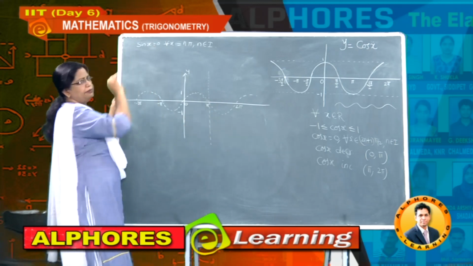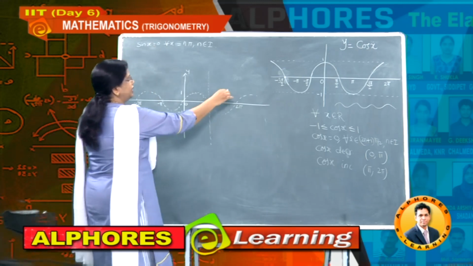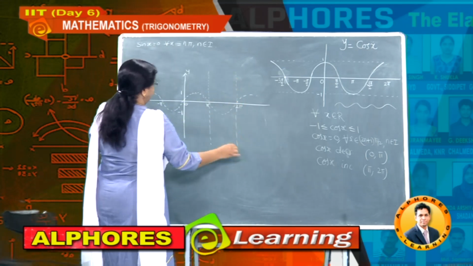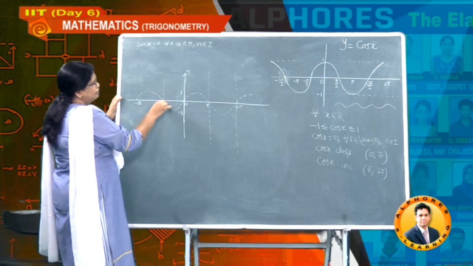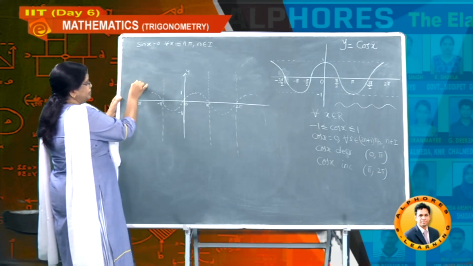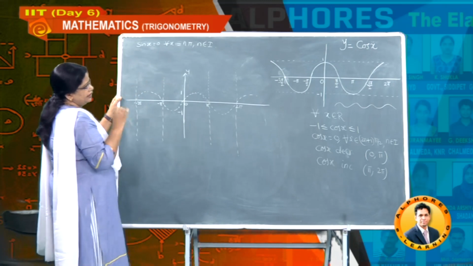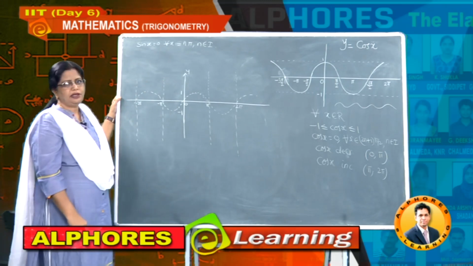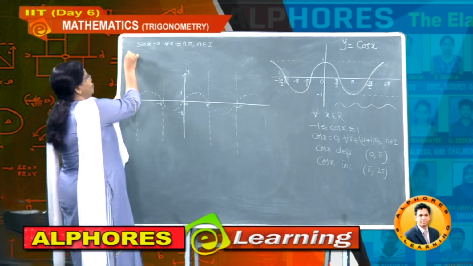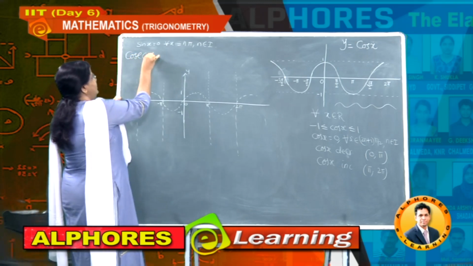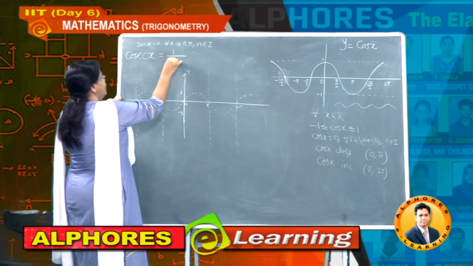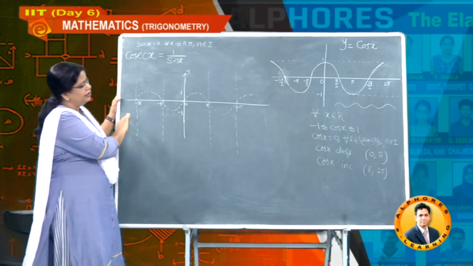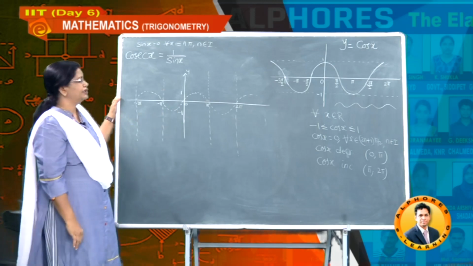Wherever it is coming 0, again here I draw a line parallel to the y axis, and here also, and this one also. Like this, all lines we draw parallel to the y axis exactly where the denominator is becoming 0. Wherever the denominator is coming 0, at those points you have to take lines parallel to the y axis.